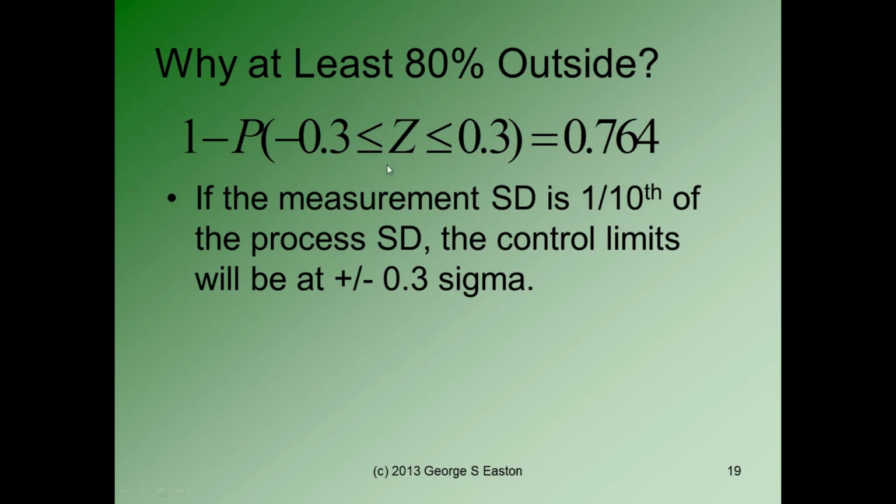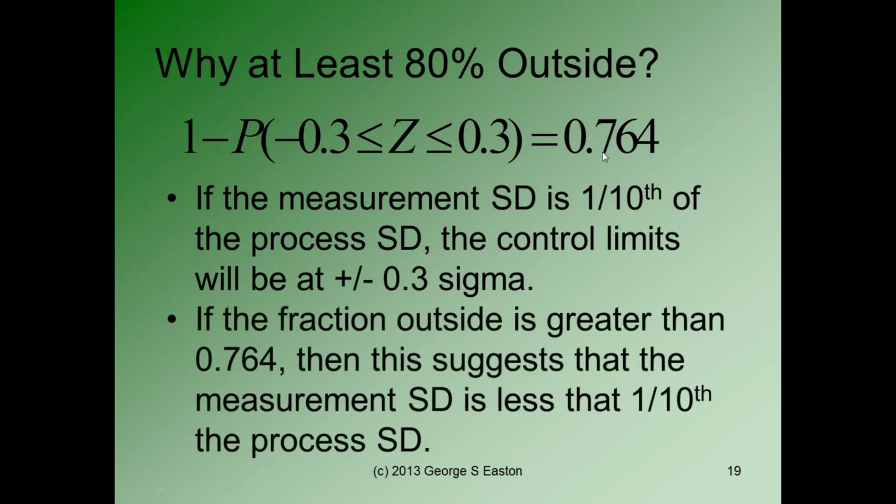So if I take this standard normal random variable and compute the probability of being outside of these control limits, which I do by computing the probability that I'm inside the control limits and then subtracting that from 1, what I get is that this probability is essentially 76%.